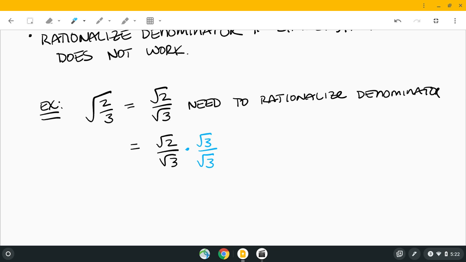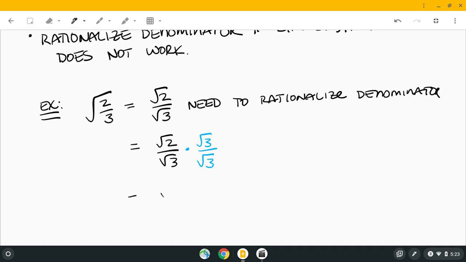Okay, and what happens is when I do this, I'm really only multiplying by the number 1 written in the form of square root 3 over square root 3, right? So I'm not changing the value of this. Now, instead of having square root 3 in the denominator, I'm going to have square root 9, which simplifies to 3, which is a rational number. Okay, so that's how we take care of it.